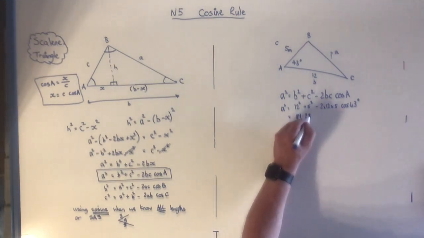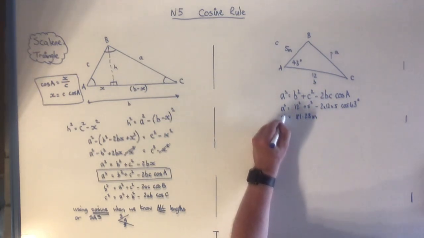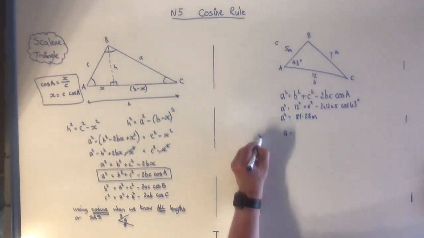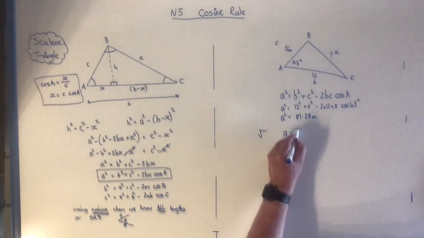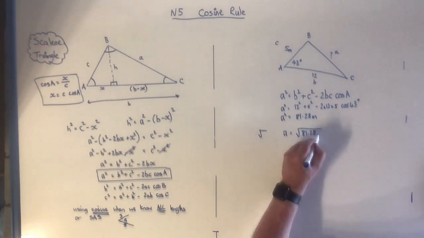81.28. Now that's meters. Now remember, that's A squared. So to get A, we take the square root of both sides. Well, it's approximately 9, isn't it?